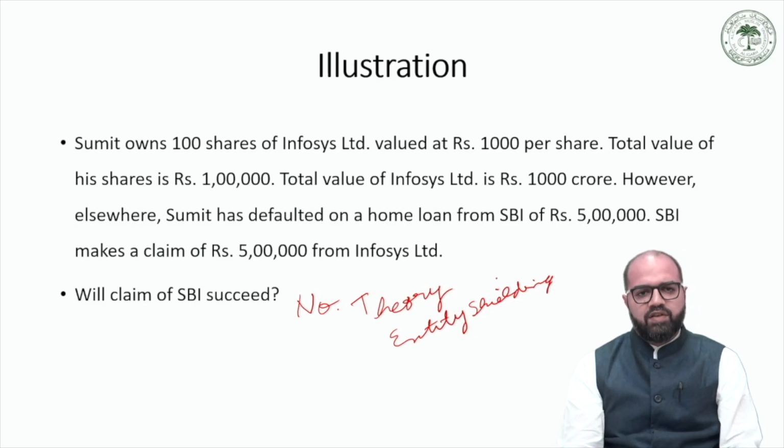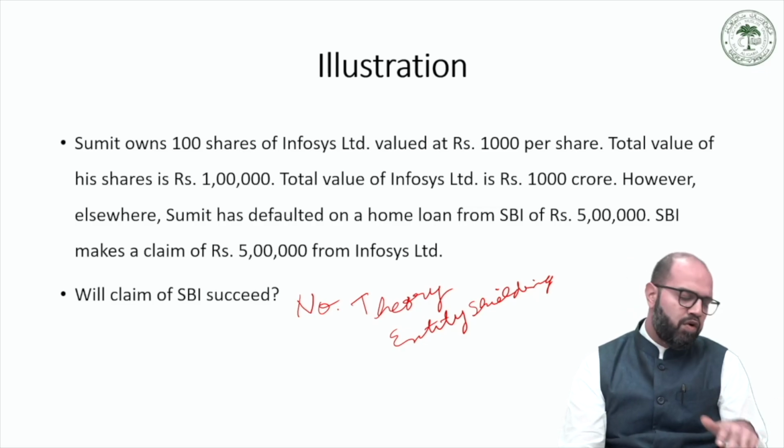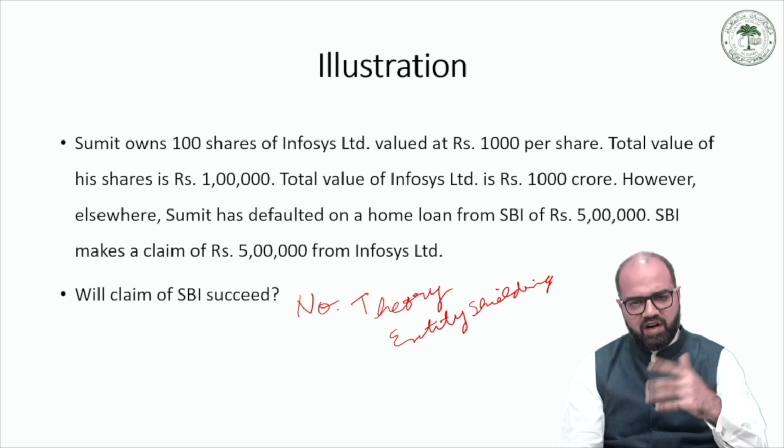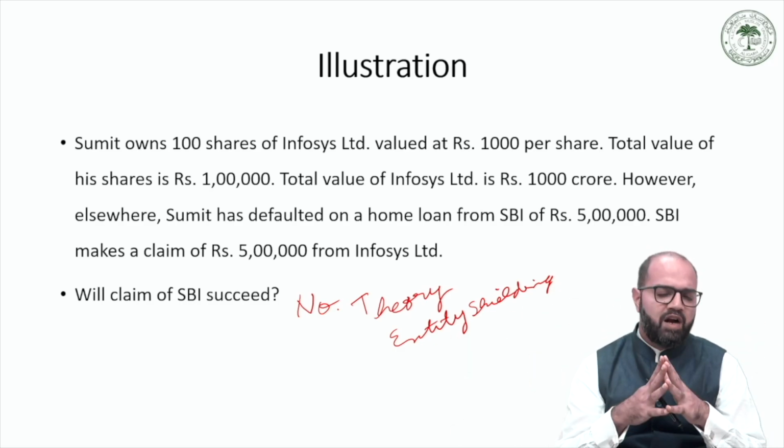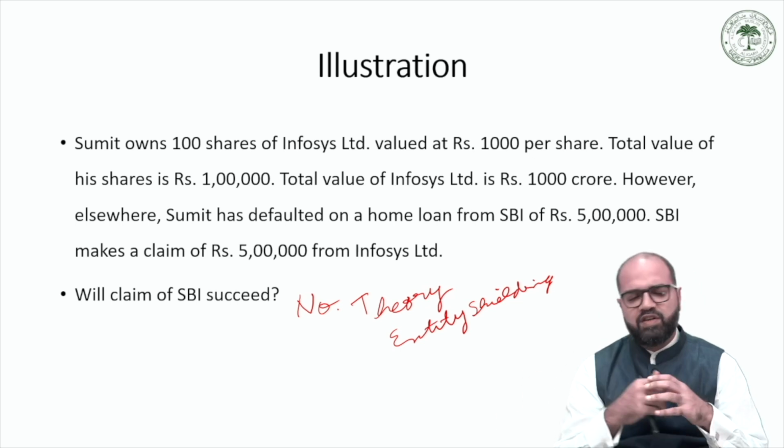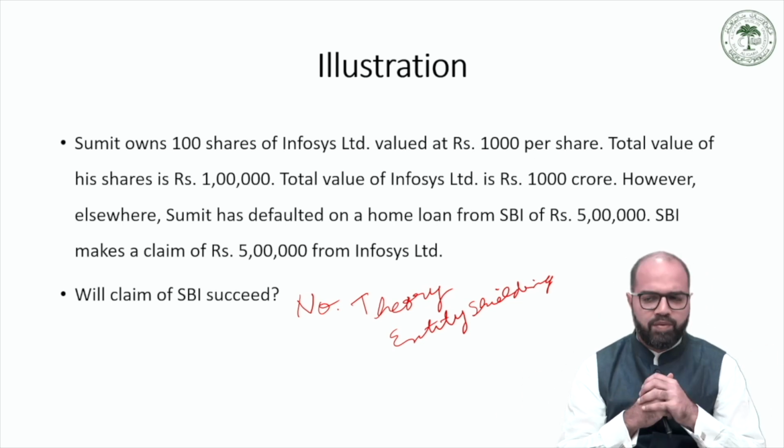So in this case, this theory of entity shielding comes to the benefit of a company if a shareholder, not in his business transactions related to the company, but in some other transactions which are entirely unrelated to the company to which he is a shareholder, has defaulted on a loan.